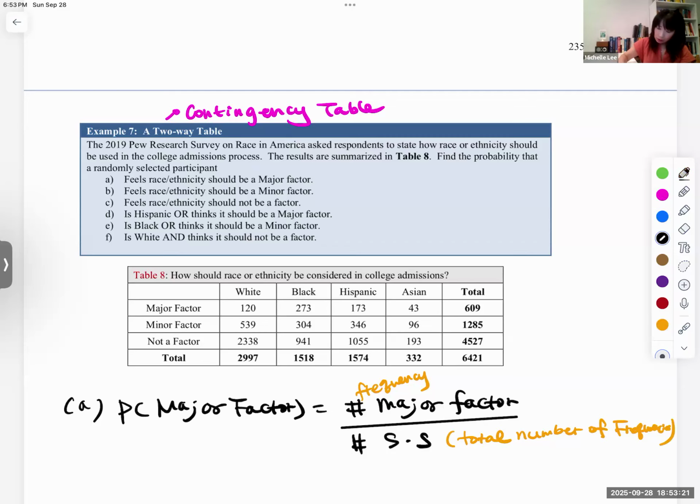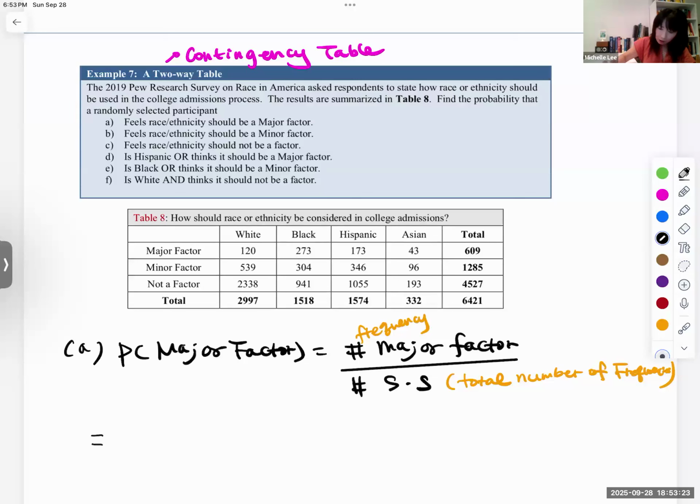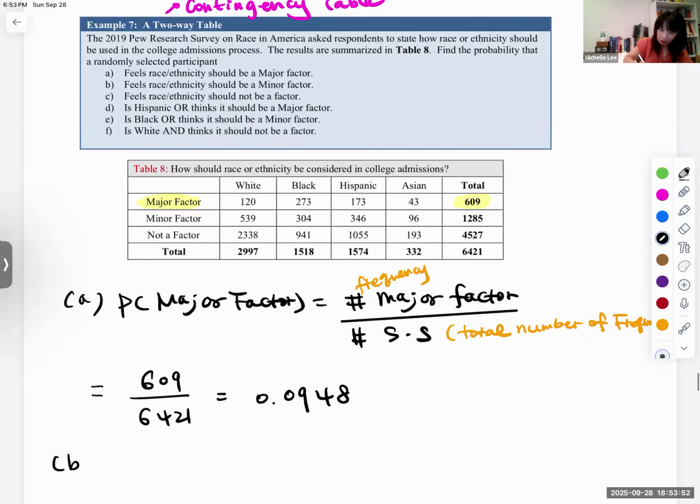Okay, so major, we read this way, right? Major, yeah, 609 over the sample space, which is total number of frequencies, which is 6,421, right? Can you please calculate? Yeah, 0.0948. Okay. Second one, minor factor. Probability of a minor factor.